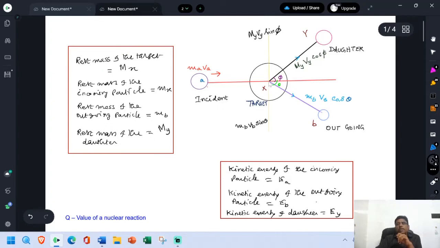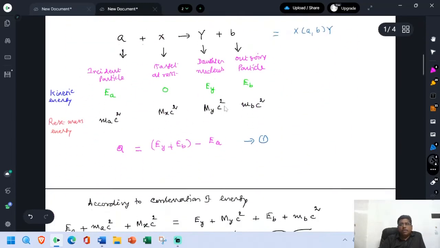If you think about the y component of momentum, the y component of momentum of the daughter is myvy sin phi, whereas the y component of momentum of the outgoing particle is mbvb sin theta, because B makes an angle theta with the initial direction. Now, using the conservation of momentum, we derive the value of EY.